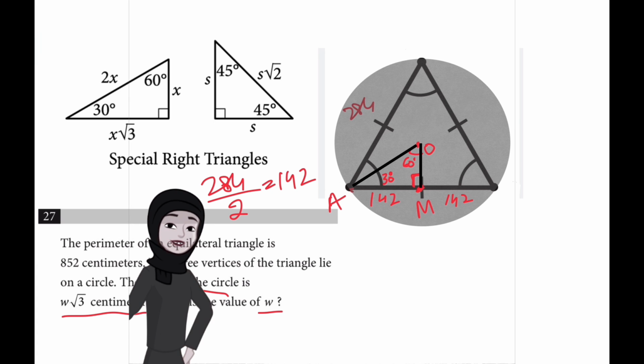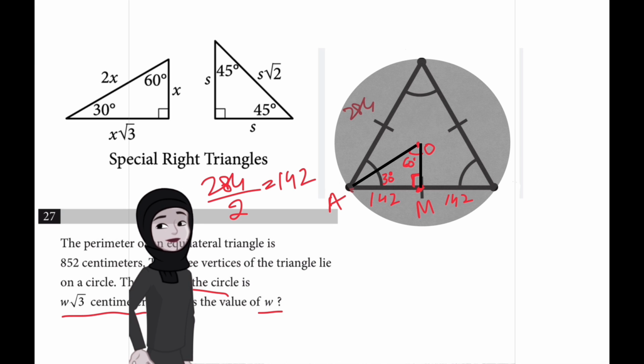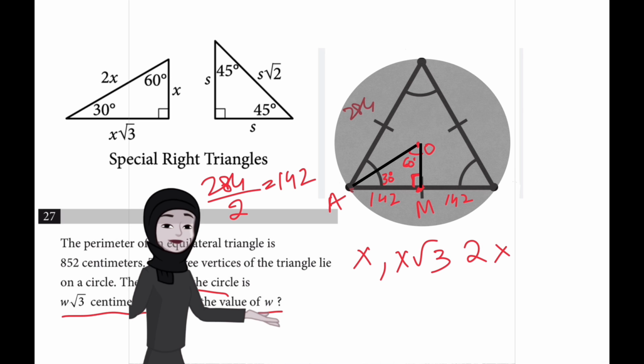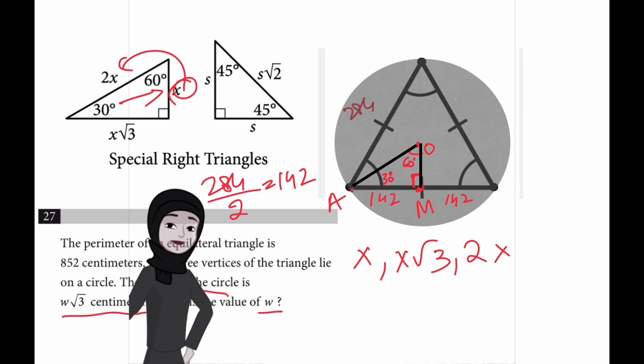So it follows that the length of side MO is half the length of the hypotenuse. In the special right triangle with sides x, x root 3 and 2x, we can observe that the shortest side, which is opposite to the 30 degree angle, and the hypotenuse have a relationship.